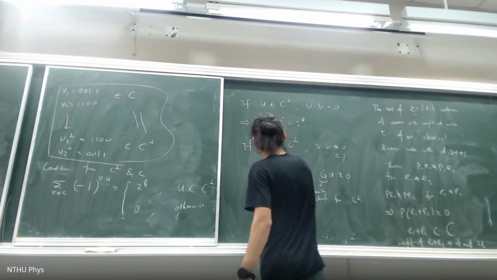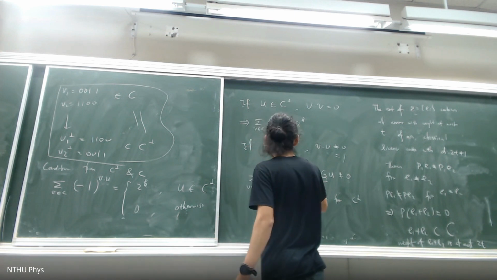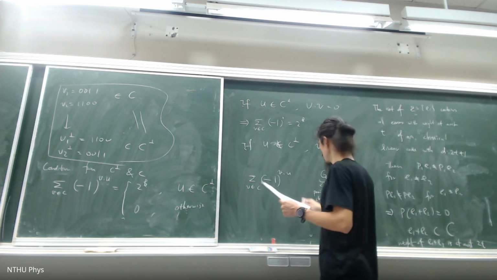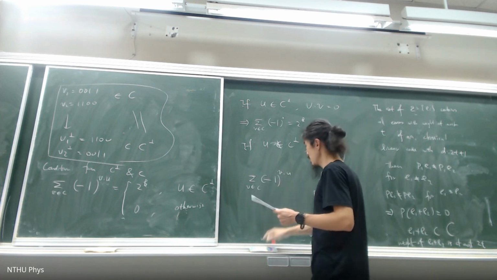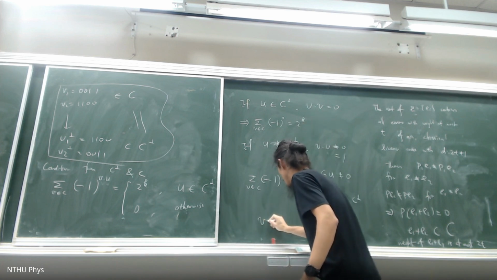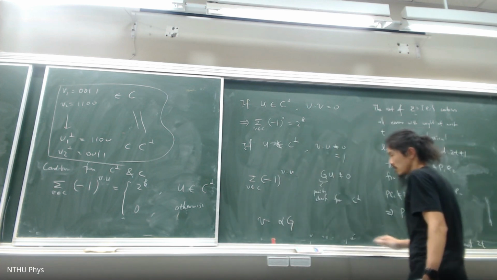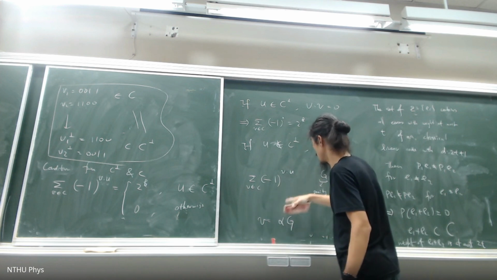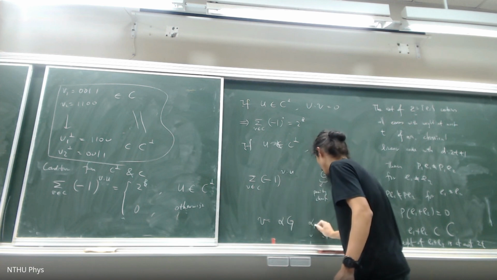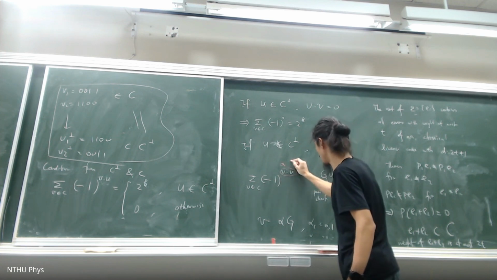So it will be the sum over B belonging to C of minus 1 to the V dot U. Then I need to replace V dot U. What is V? By definition, V can be considered as alpha times G, as we defined before. I just want to replace this V by a sum over alpha, where all the alpha indices are 0, 1. So I can replace this by alpha G dot U.